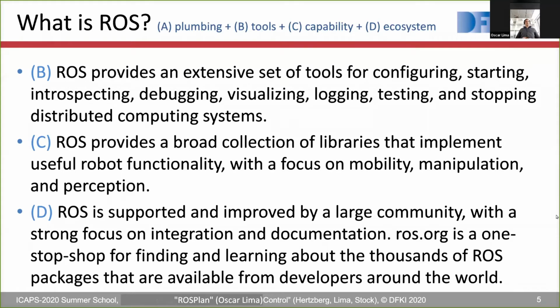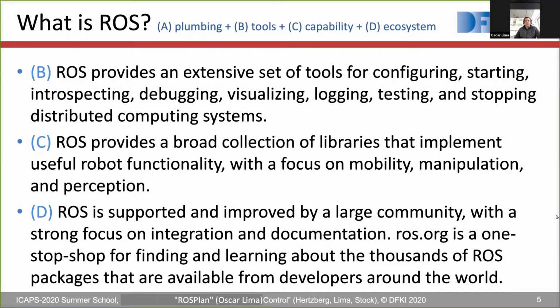And then the last one is the ecosystem. The ecosystem is actually very important because it means that there is a community of people all around the world using ROS. And so there are question and answer forums with an extensive set of questions. Last time I saw, there were more than 45,000 questions there. We also have an extensive wiki at ros.org.